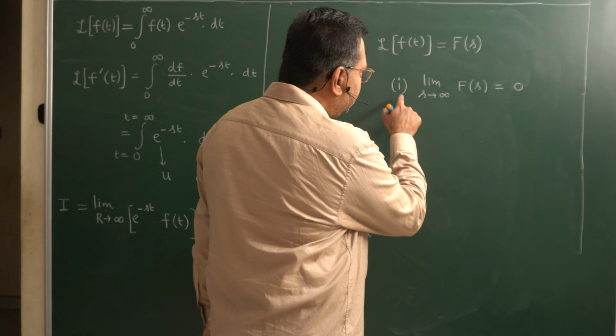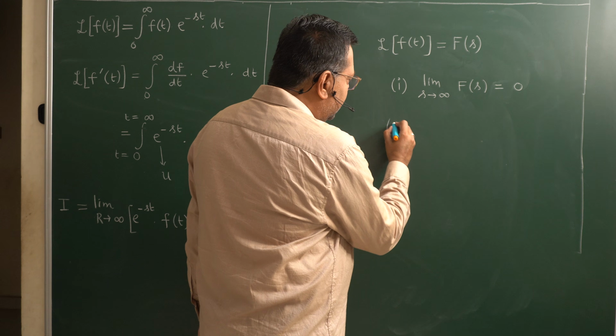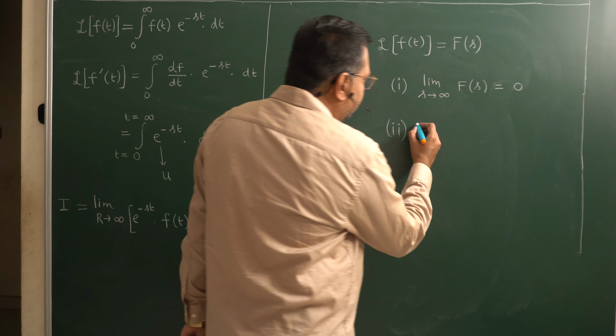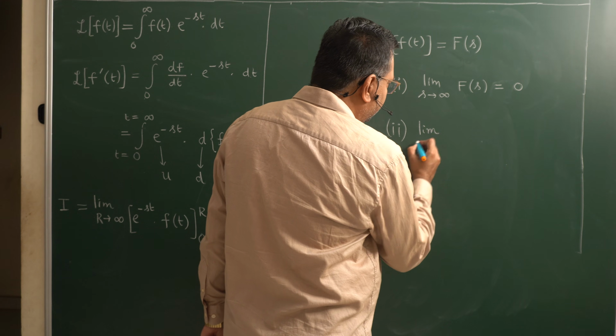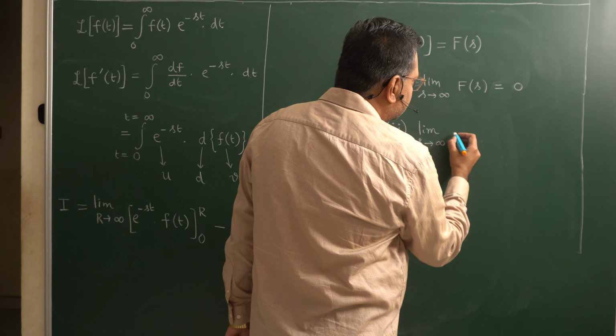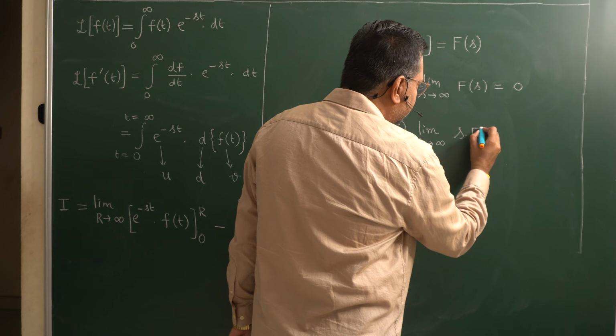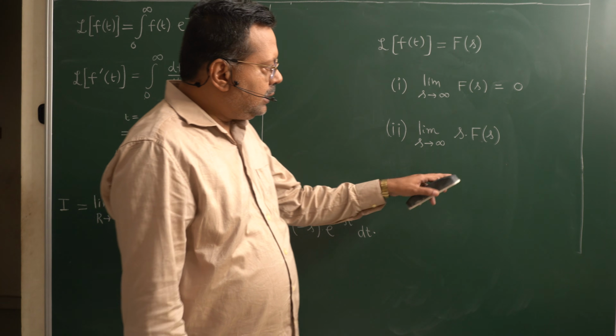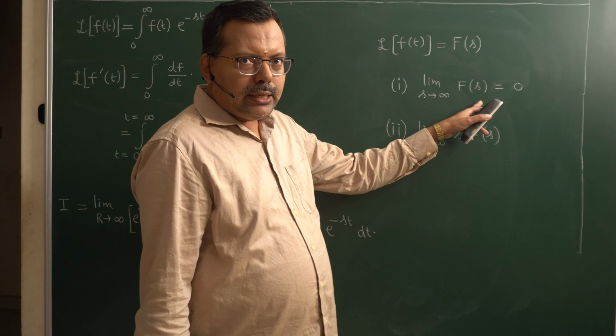So this is one condition which is required, and in addition a second limiting condition is also very much required, and that is in the limit of s approaching infinity, this is only f of s. So now you can have s times f of s. You are going to multiply. Now you can understand what is exactly happening here.